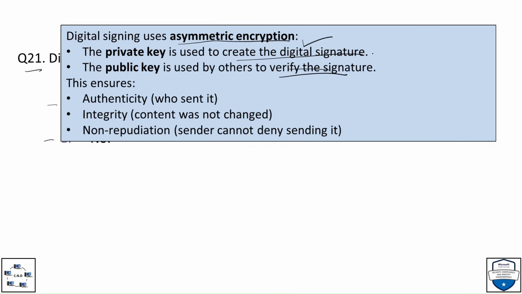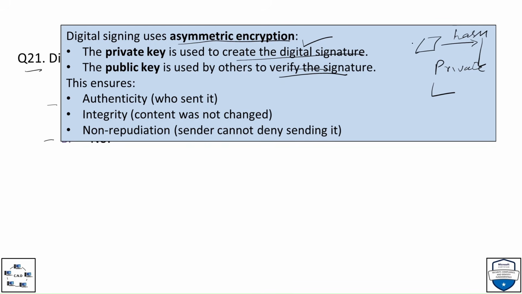Basically, if this is a message, the user takes the hash of the message. We are talking about the digital signature. That hash is then encrypted with the user's private key. The public key is with everyone.